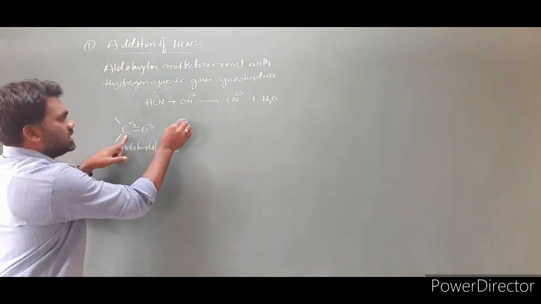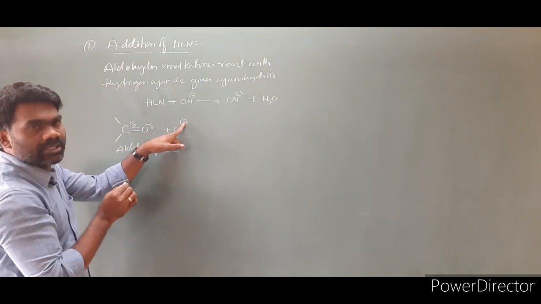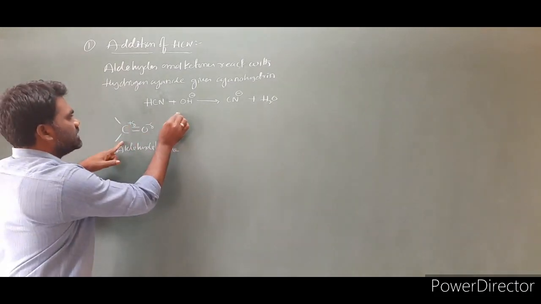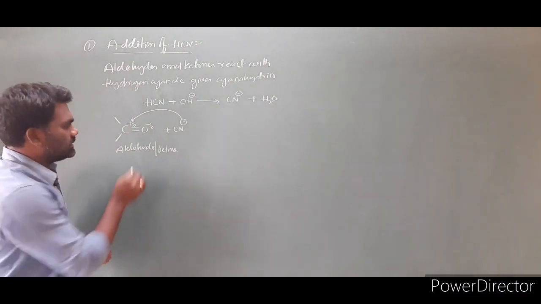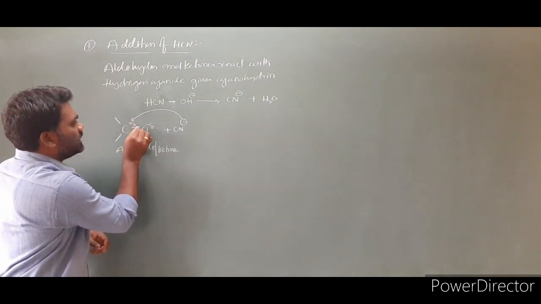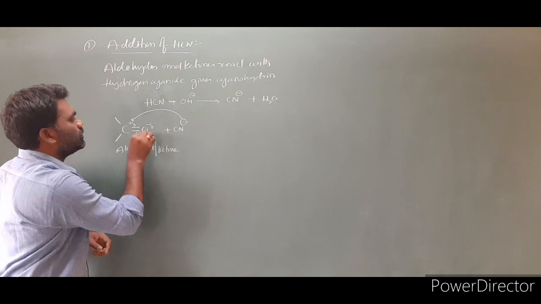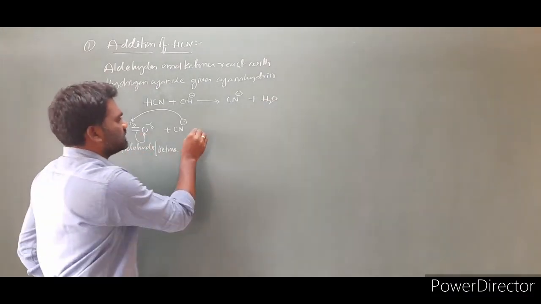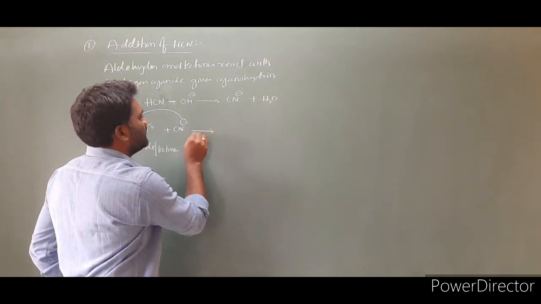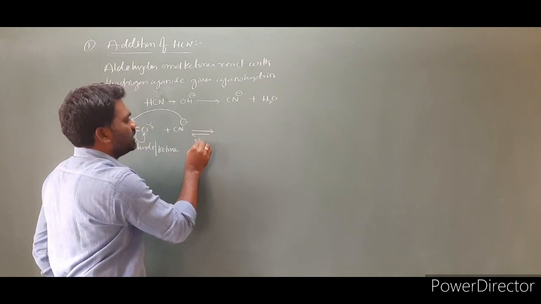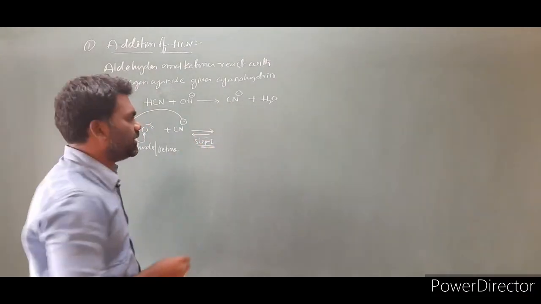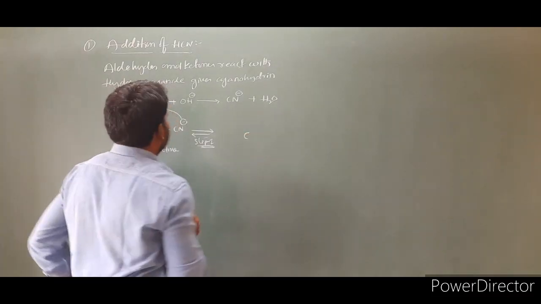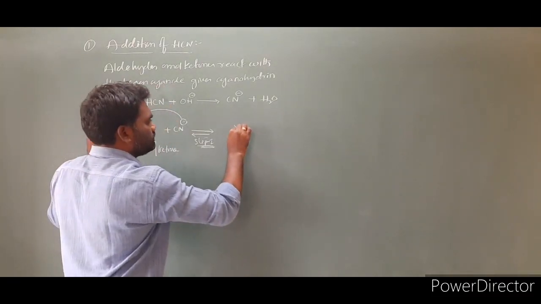The carbonyl carbon. CN minus is a negative charge and the carbonyl carbon is positive. This negative charge attacks the positively charged carbon. As a result, the double bond shifts, one bond moving towards oxygen. What is the product we get in step 1? We will discuss the mechanism later. Step 1 gives an intermediate.